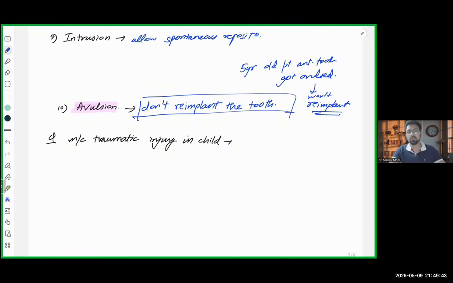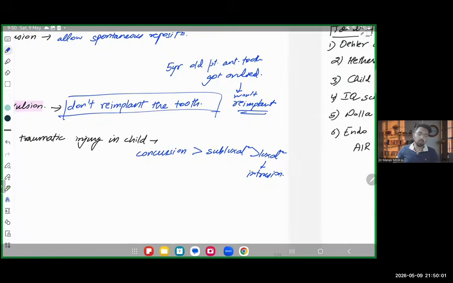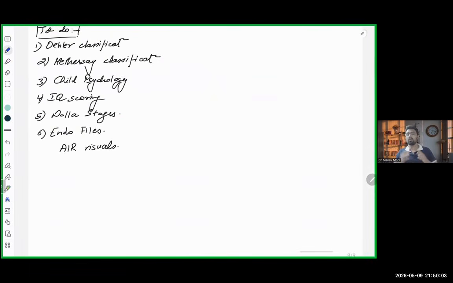Another important question: most common traumatic injury in a child. Concussion is the most common, followed by subluxation, then luxation, and in luxation, intrusion. So guys, these were the important AIR questions from Endo and Pedo.